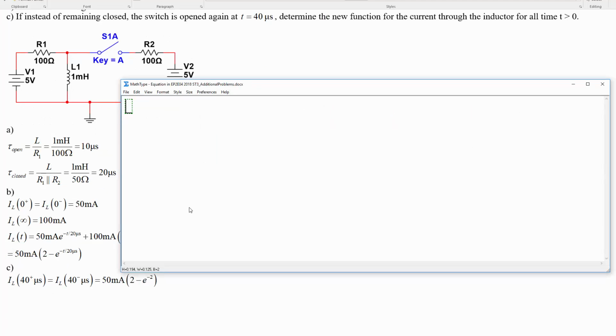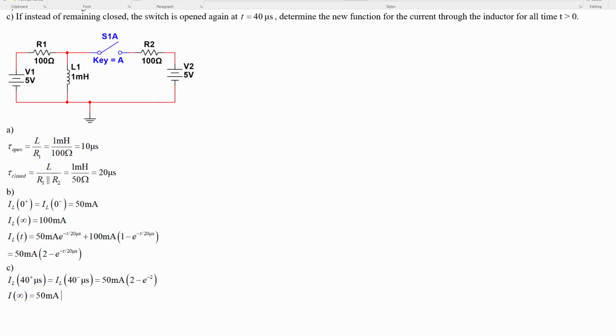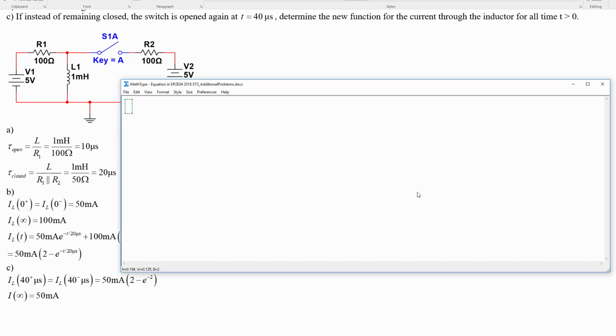And then the current right after the switch has been opened for a long time is going to be the same as we found earlier. So that's going to be 50 milliamps going downward. So now all we have to do is stitch these together using the new time constant, the time constant when it's open. So we'll say that IL at t greater than 40 microseconds is equal to IL at 40 microseconds, like right after that.